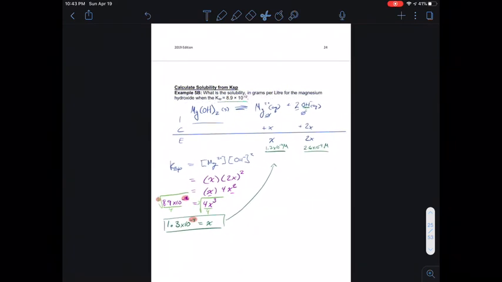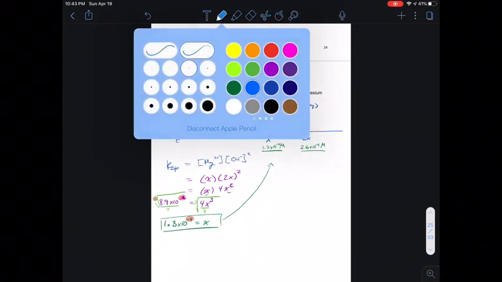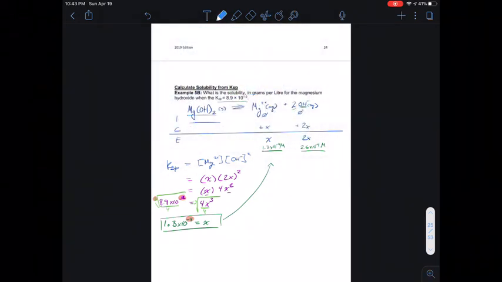And then all you're going to do in this version of the question is use the ratio of magnesium hydroxide to magnesium. Notice that it is 1:1 for the magnesium to magnesium hydroxide. So the concentration of Mg2+ is equal to the concentration of aqueous magnesium hydroxide.